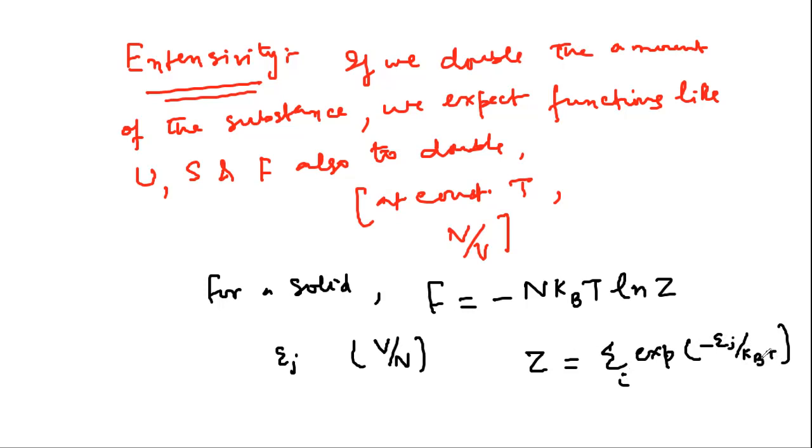So when you fix V by N, that fixes epsilon j, and we are also fixing T, so that fixes Z. That means fixing density and temperature fixes Z. That means ln Z is constant, T is fixed, so F is simply proportional to N. Since F is proportional to N, if you double N, F will automatically double.